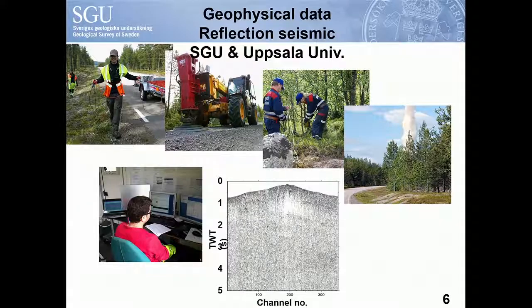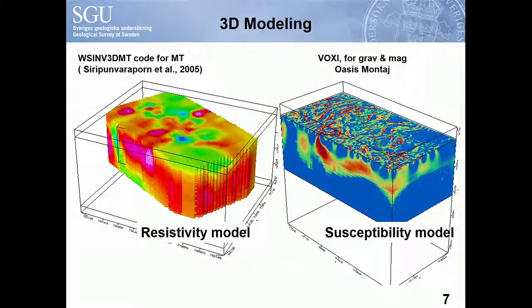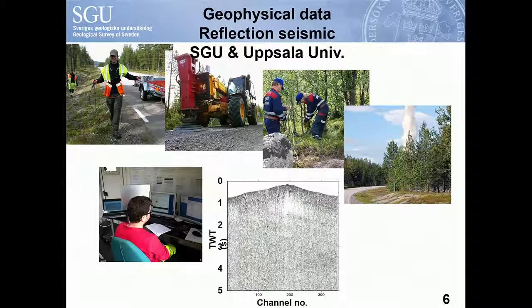The reflection seismic data was collected in collaboration between SGU and Uppsala University. They used different types of sources, and also dynamites that LKAB helped them to carry out these measurements.